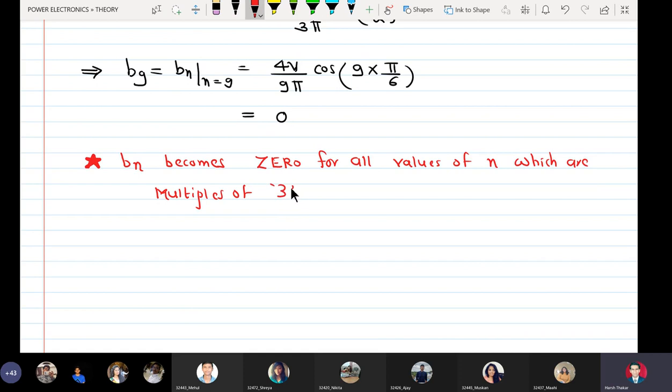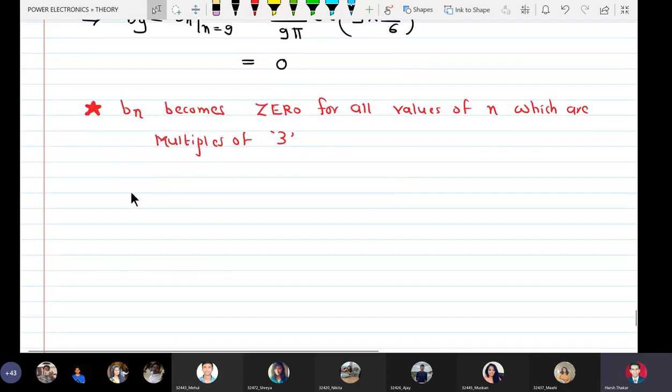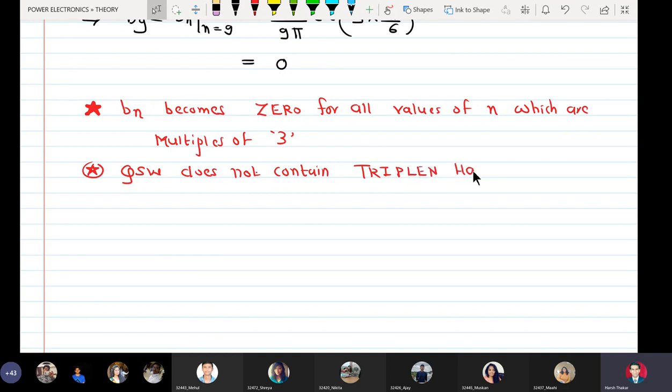That means Cauchy square wave does not contain triple n harmonics, that is, all values of n which are multiples of 3.